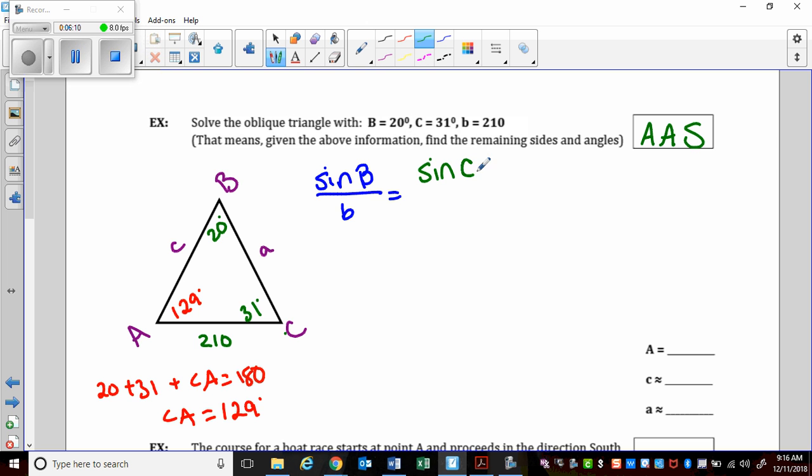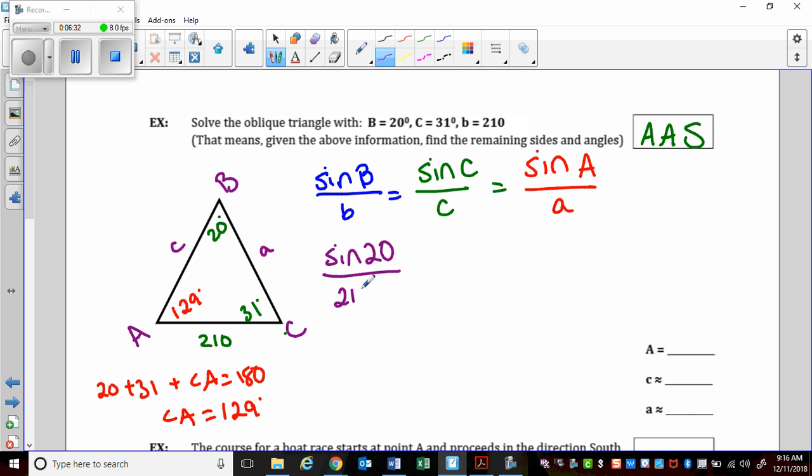Sine of C over lowercase c, and then we'll do also sine of A over lowercase a. We know this one. Sine of B is 20, so sine of 20 degrees over b itself is 210. We have to use this one. Sine of C, we know C.